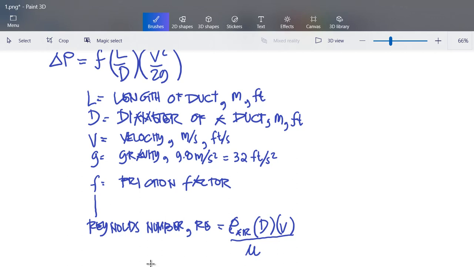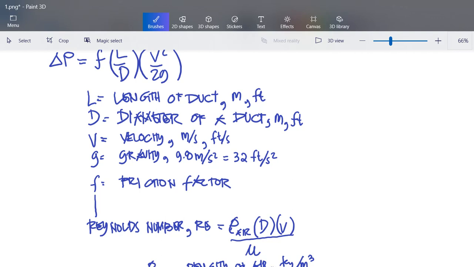Okay, so we have here the density of air, so this will be kilogram per cubic meter.